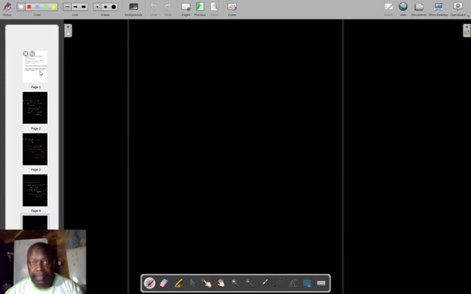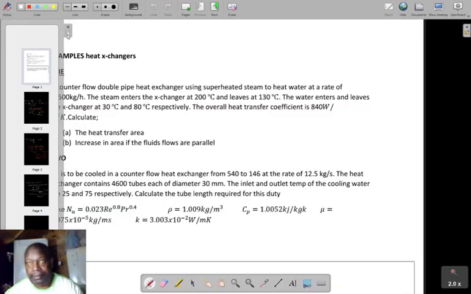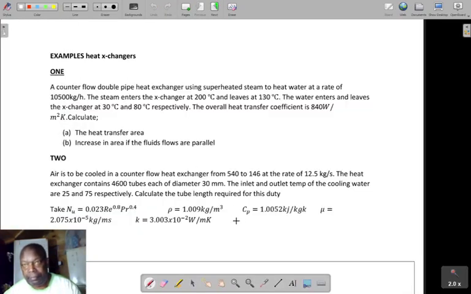And the second example reads: air is to be cooled in a counterflow heat exchanger from 540 degrees to 146 degrees C at the rate of 12.5 kilograms per second.